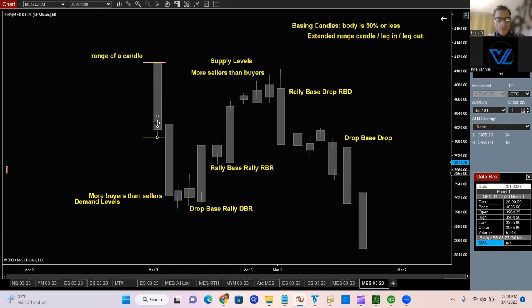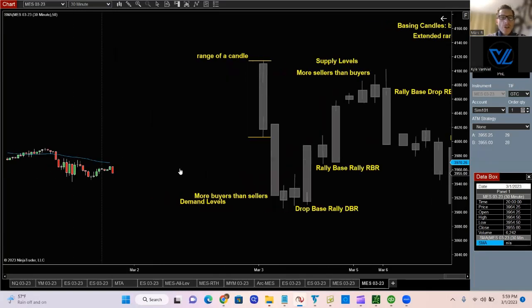So range is from wick to wick. You see how you can actually see this wick in here? If we were looking at a price chart, you wouldn't see the wick running through the candle.